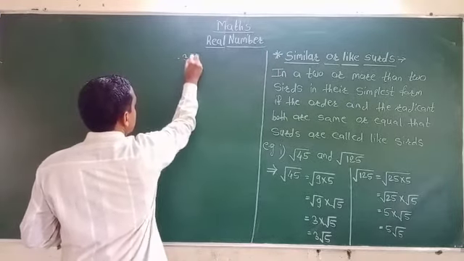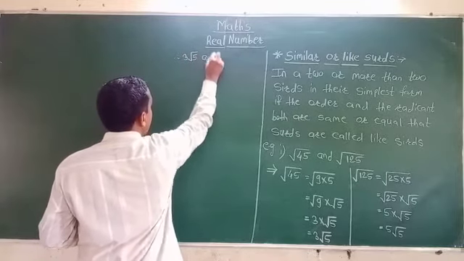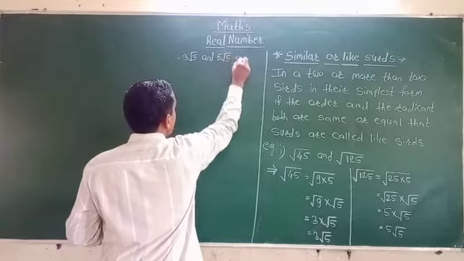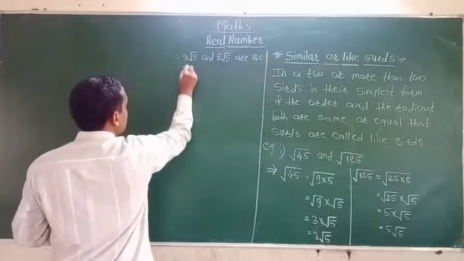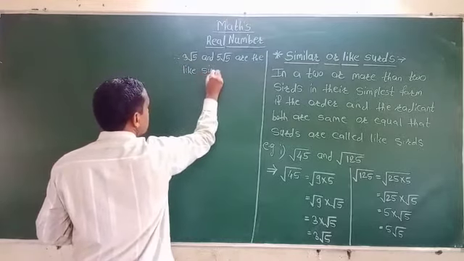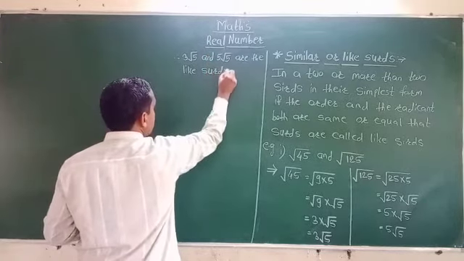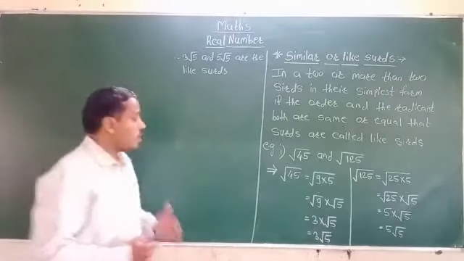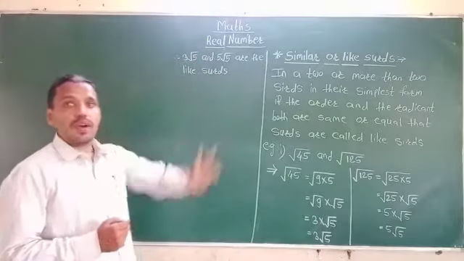Therefore, 3 surd 5 and 5 surd 5 are like surds. Why are they like surds? Because in root 5 and surd 5, both have equal radicand.